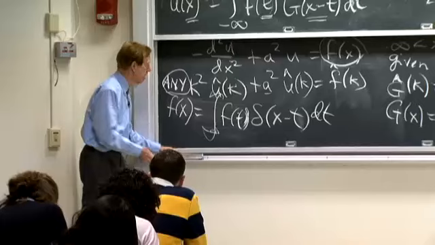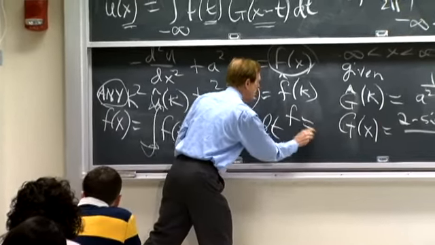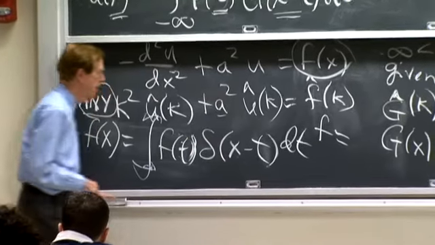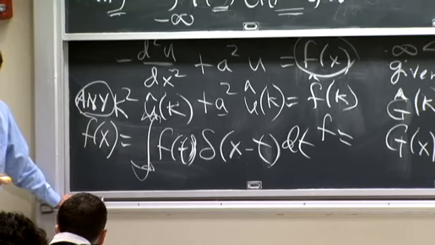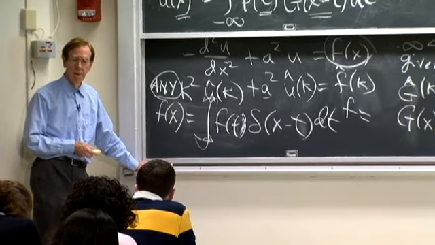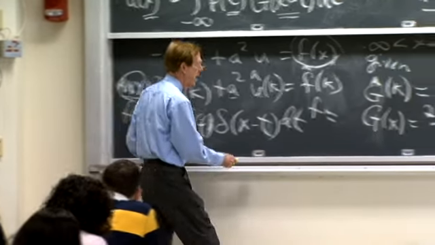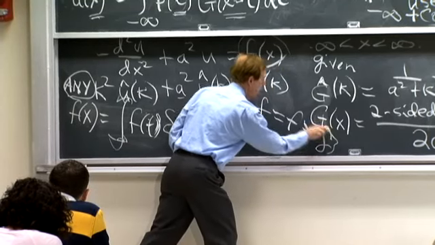So how do I write f of x equal to this right-hand side? It's f convolved with delta. So any f is the same f convolved with delta.